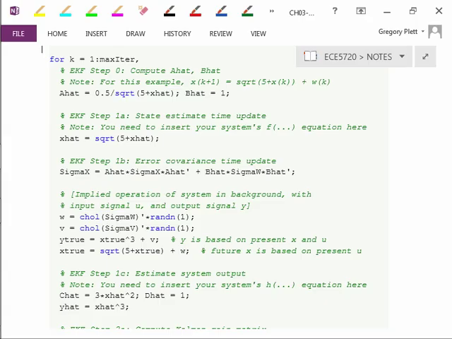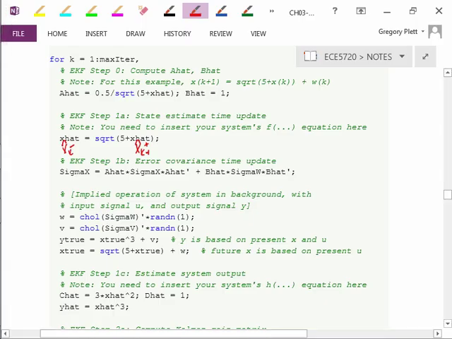Now we do EKF step 1A, where I propagate the estimate from the previous time sample through the state equation to get my prediction of what I think the state is right now. So this is X hat K minus, this is X hat K minus 1 plus, propagated through the equation to give me my prediction.